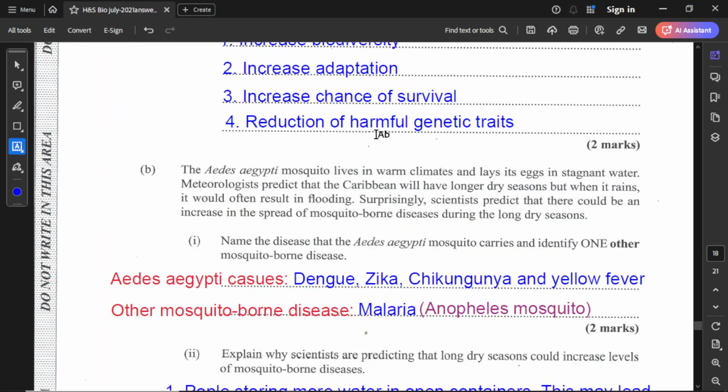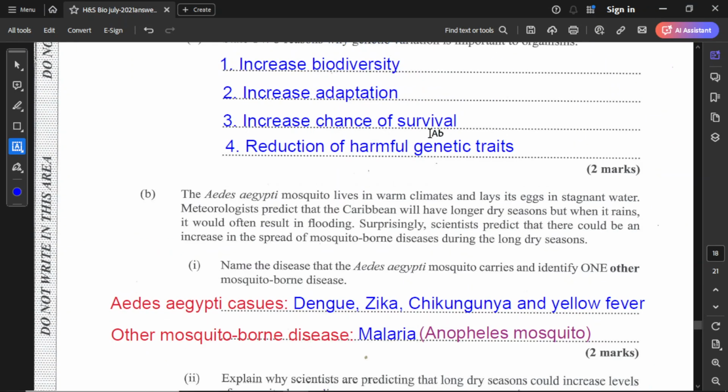And just to make mention here, increased chance of survival and increased adaptation are kind of similar. The reason you may have increased survival or adaptation is simply because if you have differences among organisms, one disease may affect one but not the other, or a certain environment may be best fitting for certain organisms, so they survive better than other organisms as well.